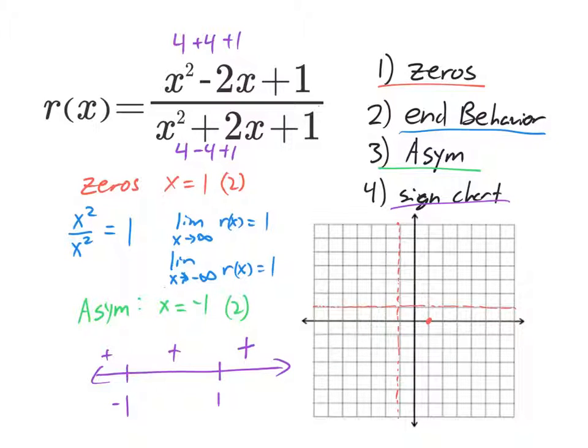So we're going to start off our graph coming from 1. And then when we get to this point, I need to go up because my graph always needs to be positive. So this goes up. And then it comes back down from here because my graph still needs to be positive. Then I know my y-intercept is going to be 1, so it's got to go through this point right here.